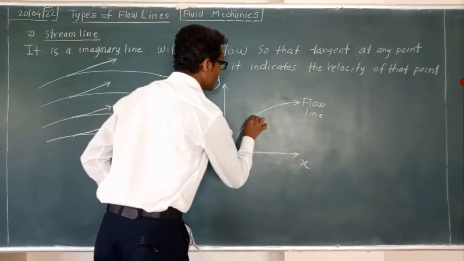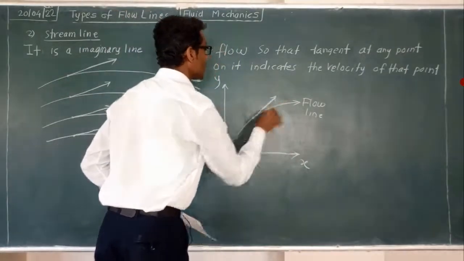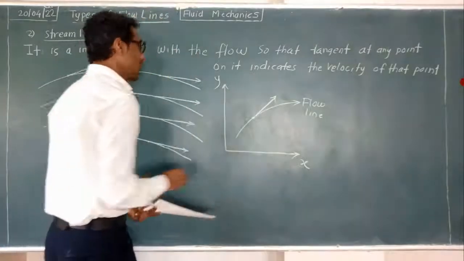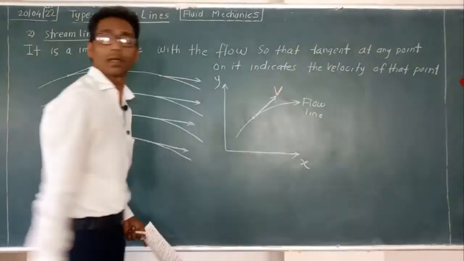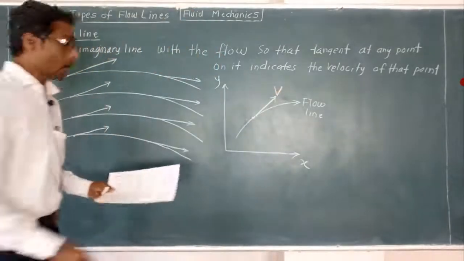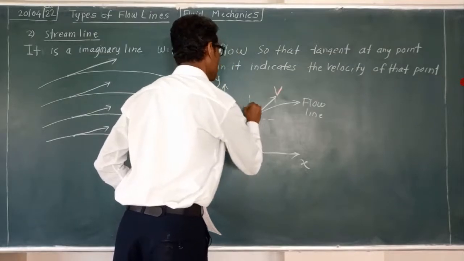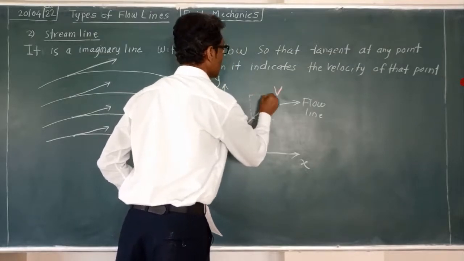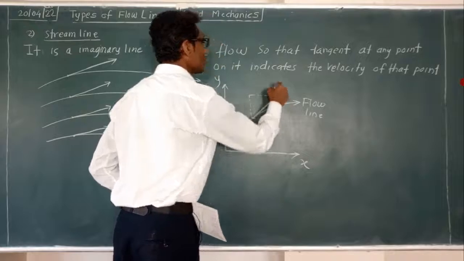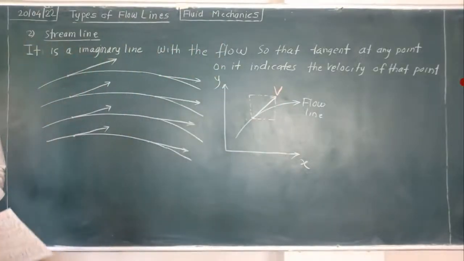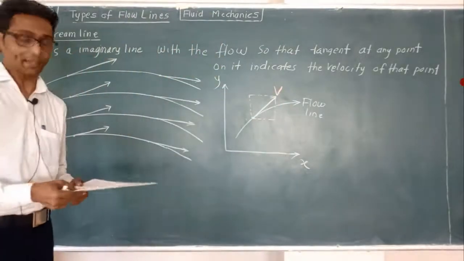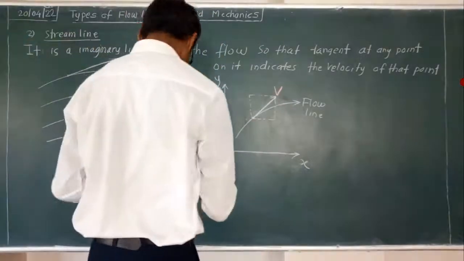At this point we will draw the tangent. Now this tangent will show velocity v. If we divide this into two parts, that means we resolve it, because this velocity is a resultant vector quantity.